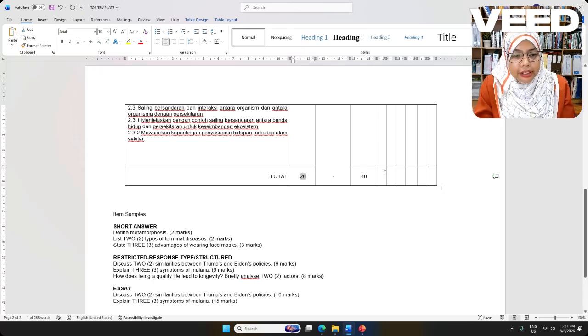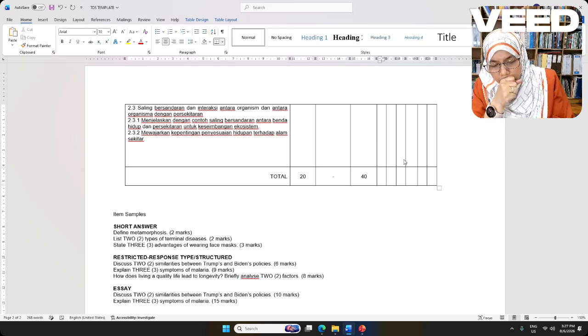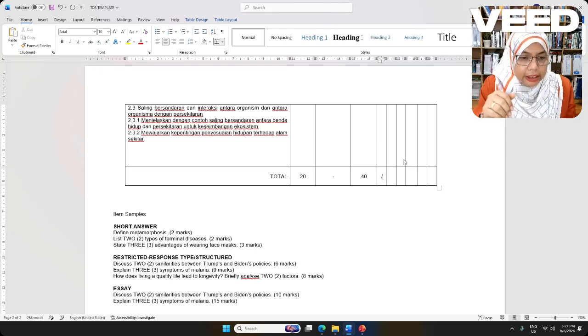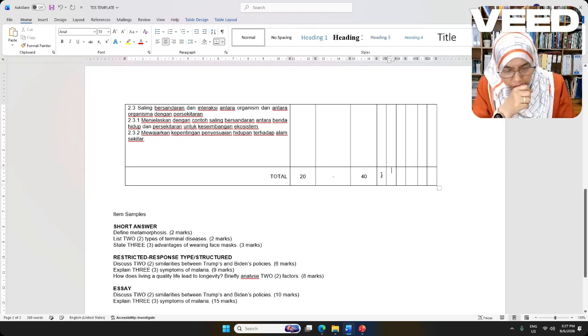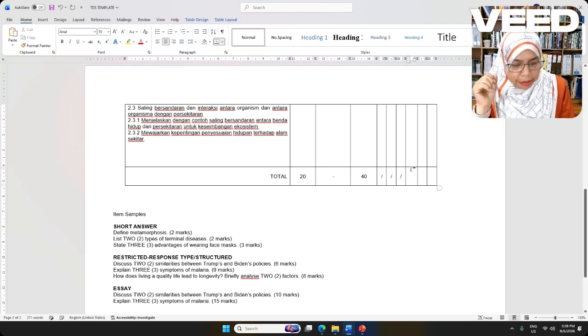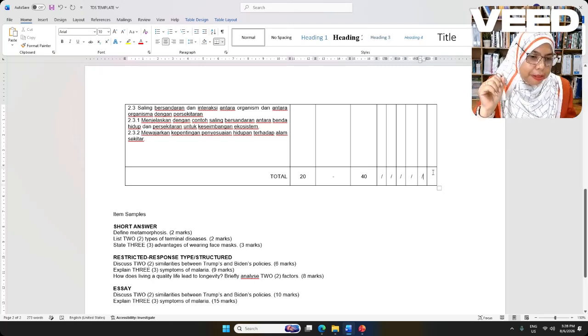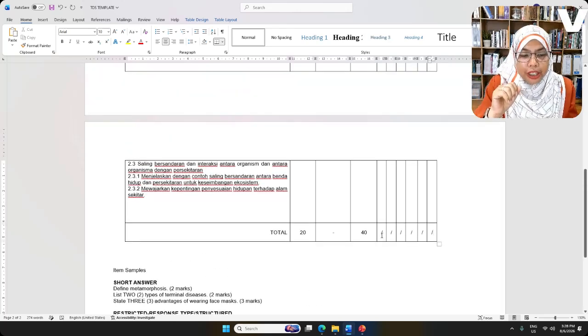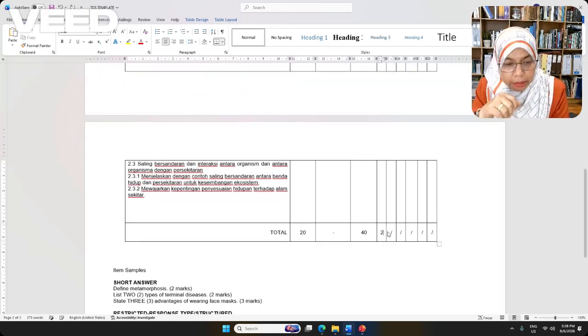Right, and finally, for this, just place a tick for items that you have representing that particular levels on Bloom's taxonomy, but I am expecting that you have items for all levels. Okay, you don't have to indicate the number of items, for example.